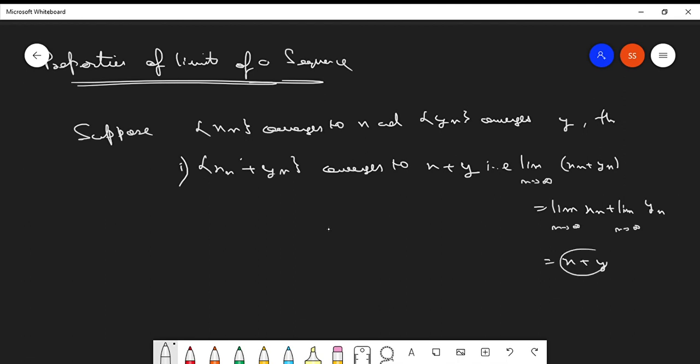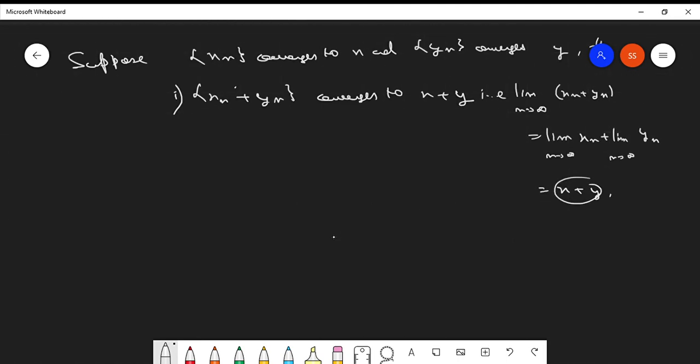So you can basically say that the limit operation is distributive. Same goes for the negative: if there's a minus in between, the same thing appears.